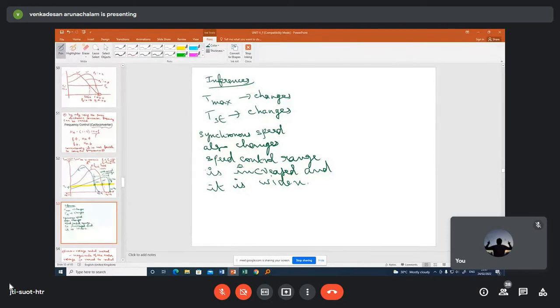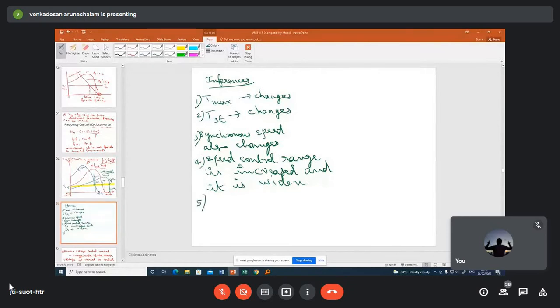So these are all the inferences we can draw from the frequency control method. One more inference also is there. This is 3, this is 4.